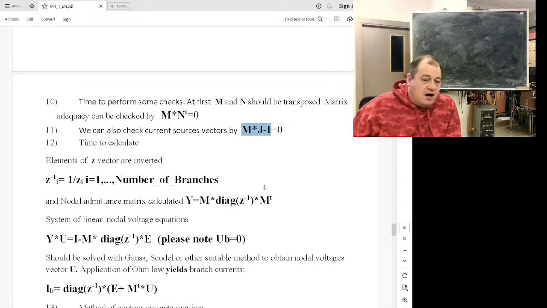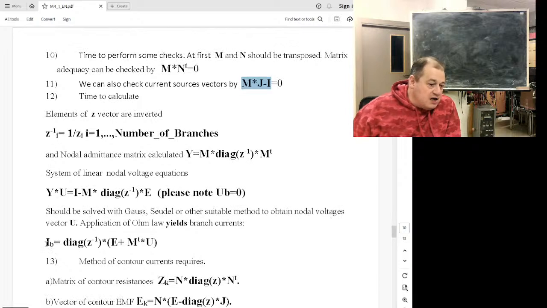And then I use virtually the same nodal admittance matrix and nodal voltage equation as we saw on DC. I will get a system of linear equations.